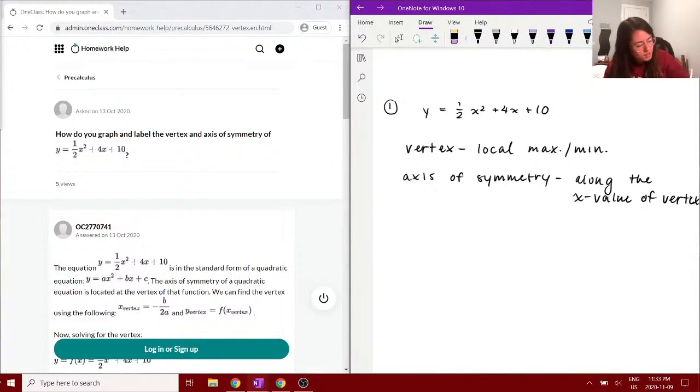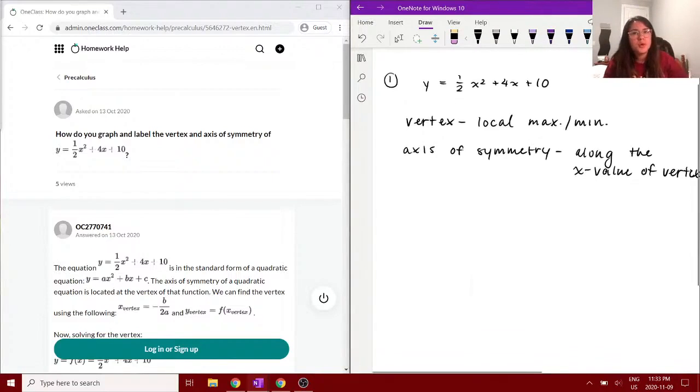If we had a curve like this, and this is the vertex at the top, this line down the middle here, along the x value, I guess I should say not along, but vertical to the x value, perpendicular to the x-axis, that is the axis of symmetry. So as you can see, the curve will reflect the same image on both sides of the axis.